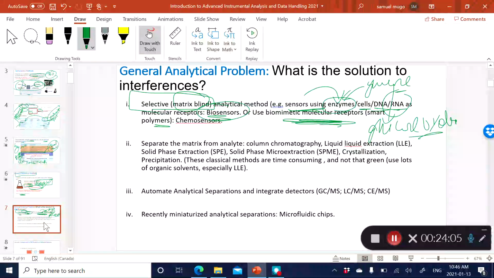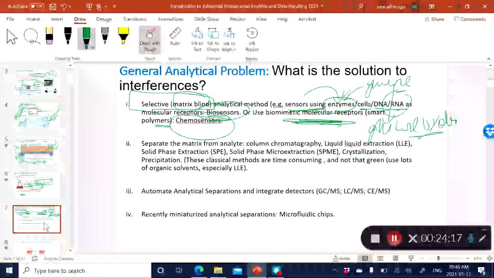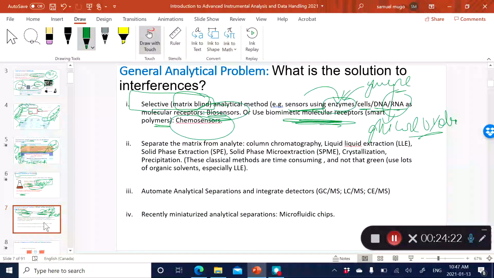If you use anything other than a biological molecular receptor, people call that chemosensors. So one solution is using sensors, using an instrumental method that is selective. But of course, that's a problem, because that means you have to generate or make an instrument for every instrumental method, and that's a problem too.